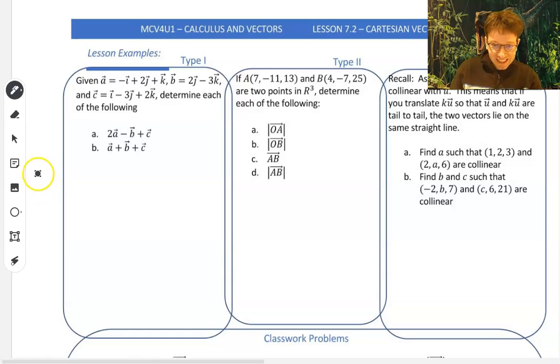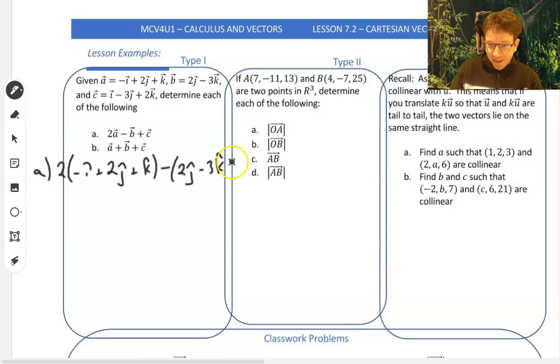So this is just collecting like terms. So for part A, we have 2a, so I'll just write it as 2 times a, which is minus i plus 2j plus k, minus b, so I'm going to make sure I put a bracket there because that negative needs to go into all the terms. B is 2j minus 3k, and I'm running out of room.